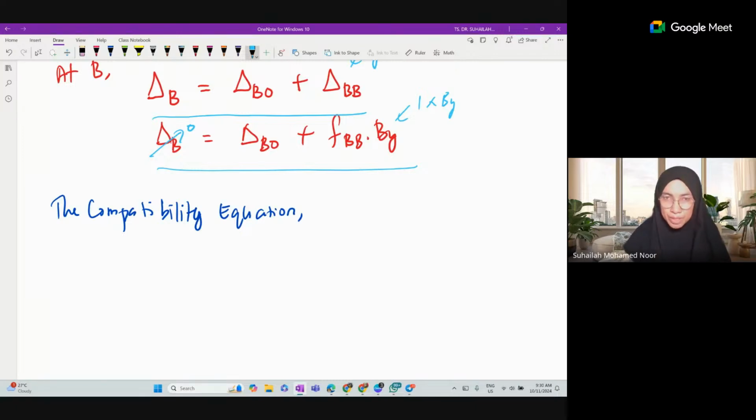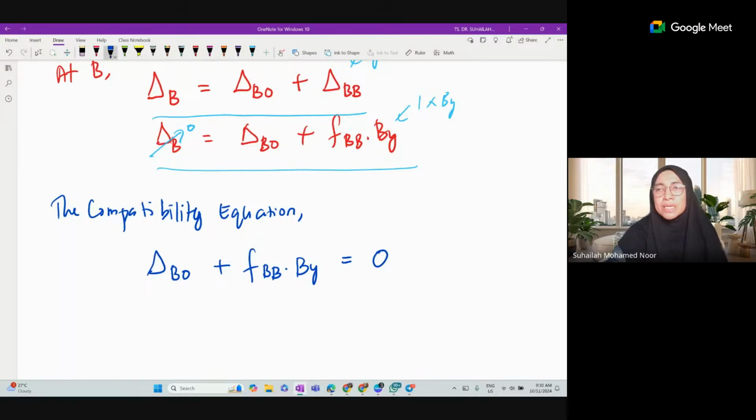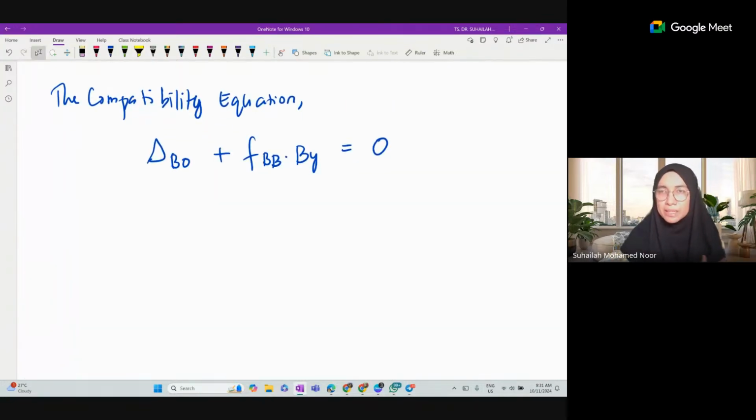The compatibility equation for this beam, where the redundant is BY, is written as delta B naught plus FBB times BY, and this is equal to actual, which is 0. So this is the compatibility equation: delta B naught plus FBB times BY equals 0.